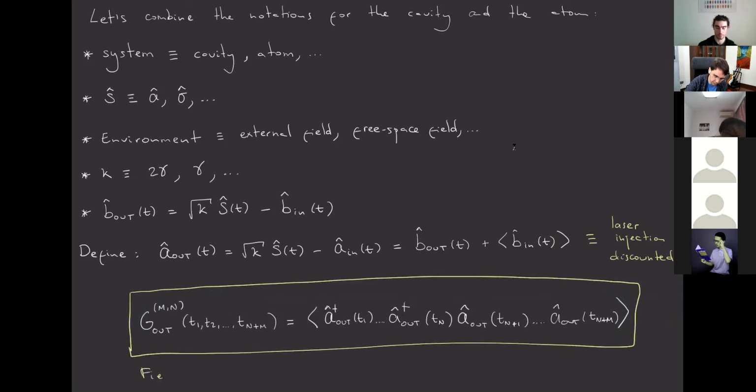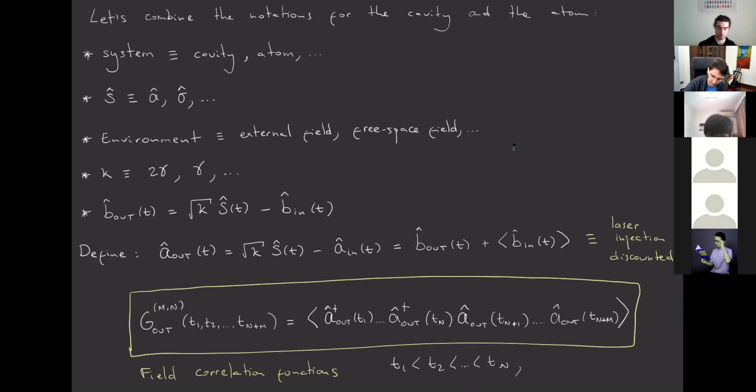So these are called field correlation functions. And we will always assume in these correlation functions a chronological order or time order, T1 and so on.